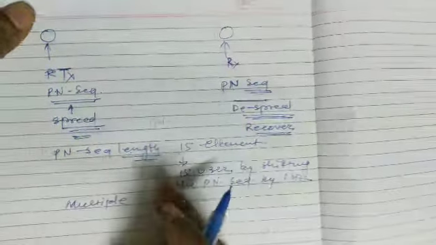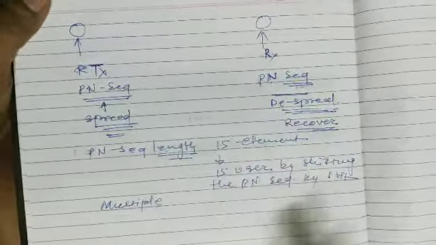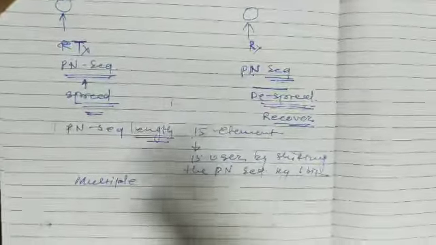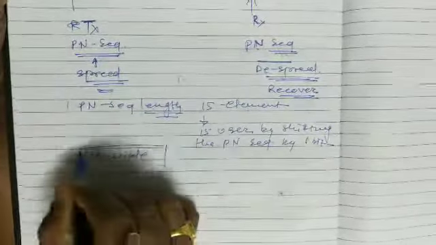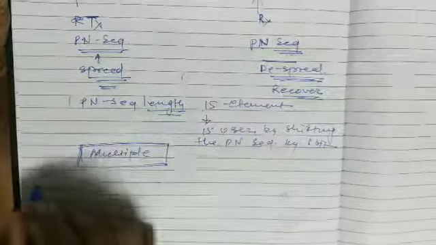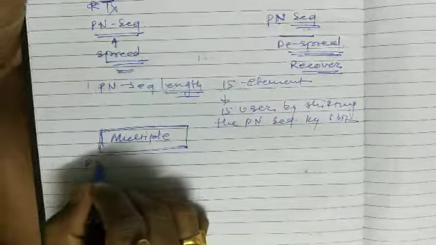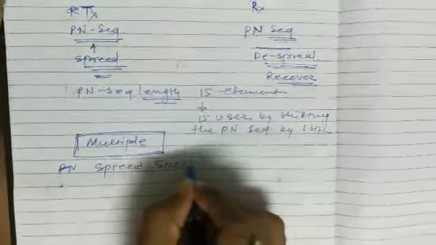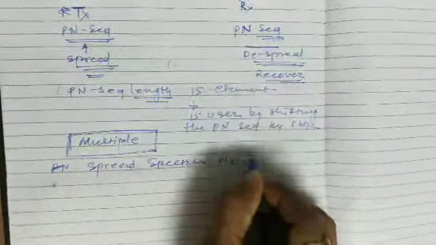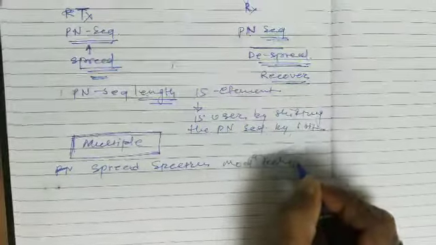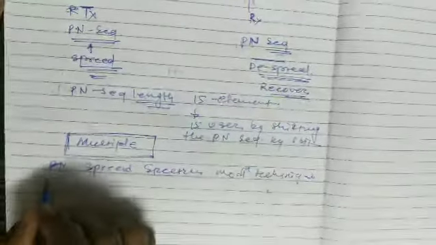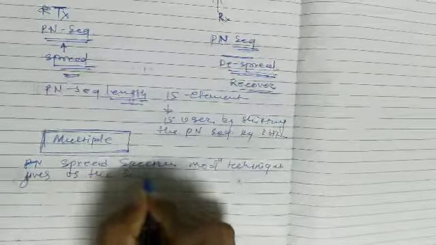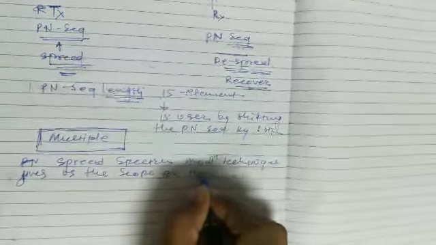The same sequence can be used for other users. By just shifting that sequence, we can cater to multiple users, and that is the greatest advantage of this PN sequence. And that's why we say that the spread spectrum modulation technique gives us the scope for multiple access.